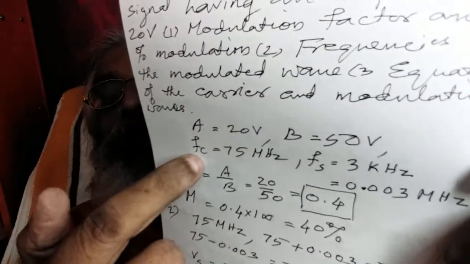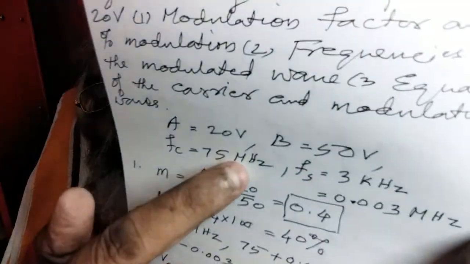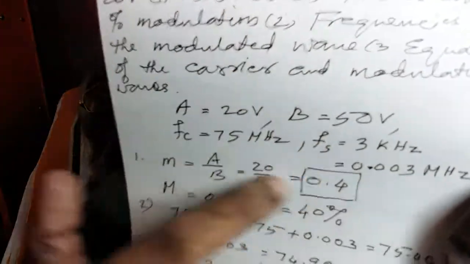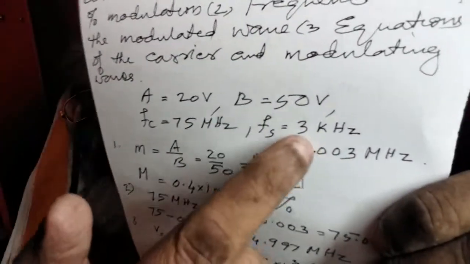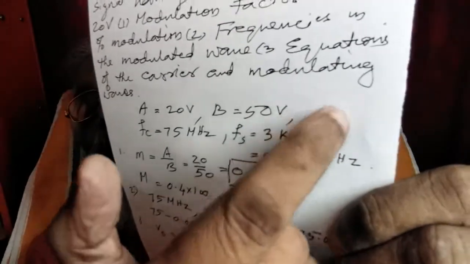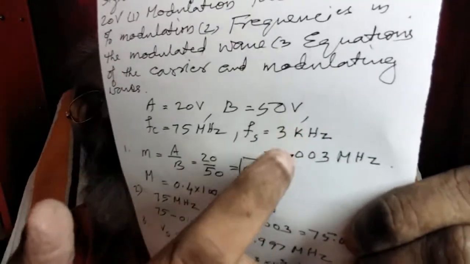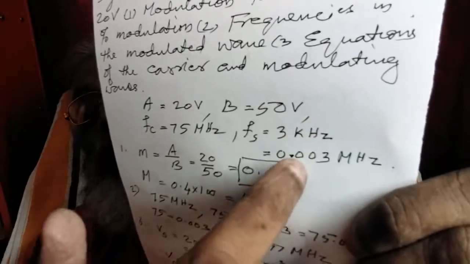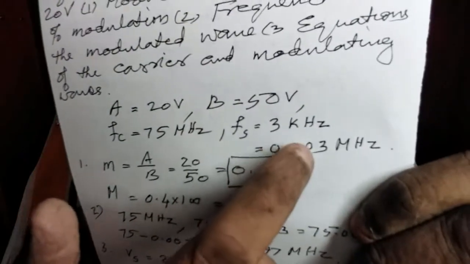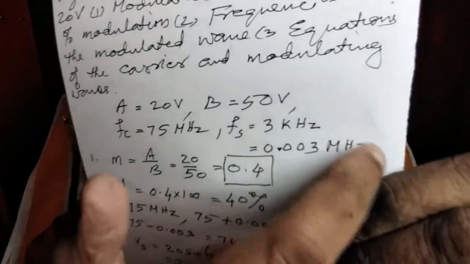Carrier frequency fc is 75 megahertz. fs, that of the audio signal, is 3 kilohertz. 3 kilohertz means 3 into 10 raised to 3 hertz. We can convert it into megahertz by dividing by 1000, or 0.003 megahertz.